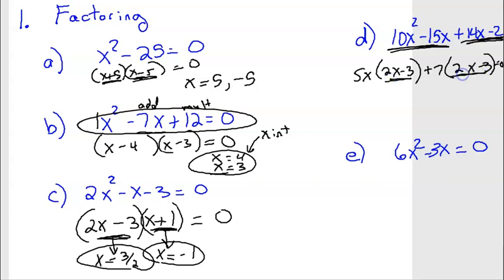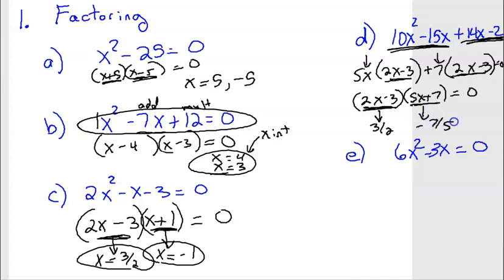Notice these are in common, so 2x minus 3, and then what remains is 5x plus 7. And then again, you set that equal to 0, and you're going to solve for 3/2. You're going to set this equal to 0, and you're going to get negative 7/5.